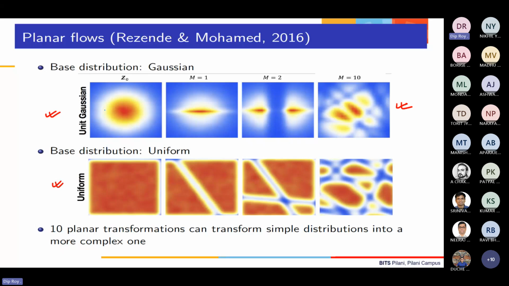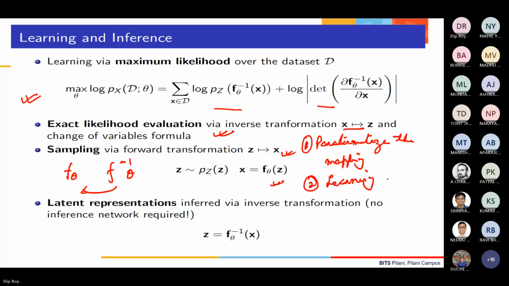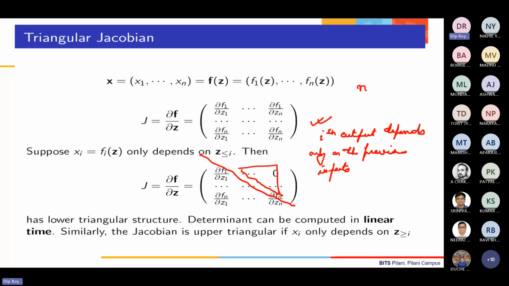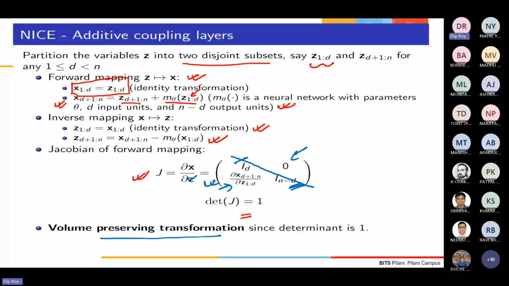What you can do is move this probability mass across this hypercube. Nothing more than that, because it is a volume preserving transformation.